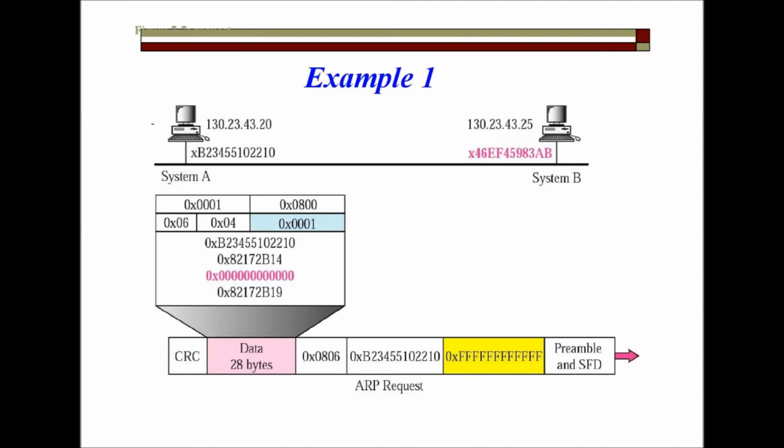The important concept in example number 1 is that the ARP request will be forwarded from system A to system B, and system B's MAC address or physical address will be received by system A. So this is just a simple concept of finding the physical address of system B with the help of an ARP request.